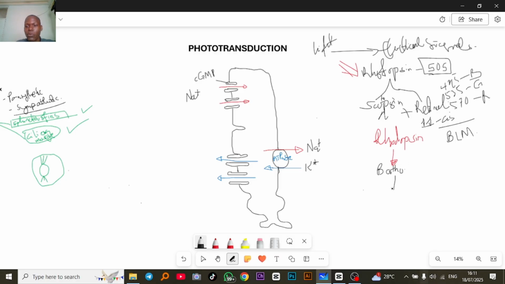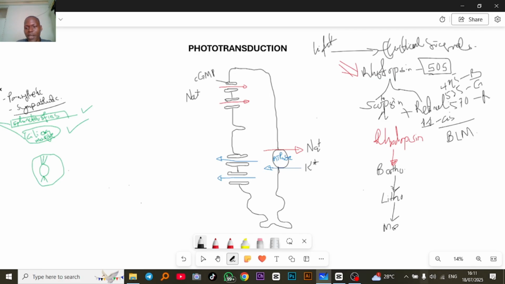From batho-rhodopsin, it takes a few microseconds, details you may not need, to change to another form, litho-rhodopsin. Then from litho-rhodopsin, it changes to meta-rhodopsin.